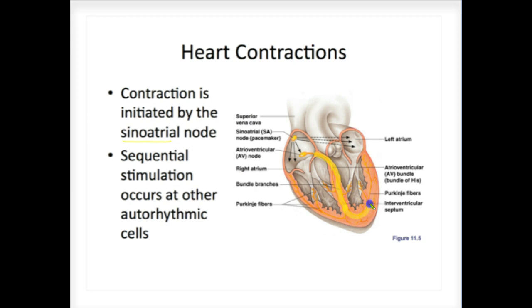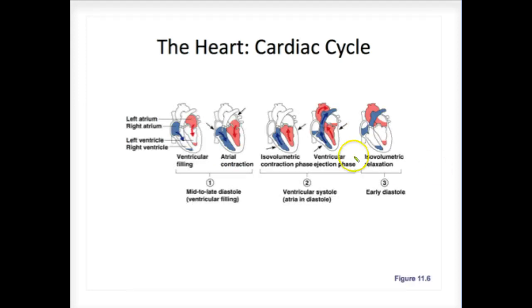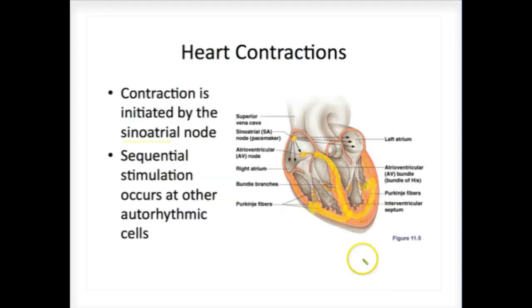As it travels down, it's going to come up the walls of the ventricles, and we see the depolarization wave hit these muscles, and then the ventricles contract. So again, keep in mind, when the atria relax, the ventricles are contracted, and vice versa, systole and diastole. It is this controlled contraction of both the atria and ventricles that allows blood to flow into and out of the heart, to basically be pumped by the heart.